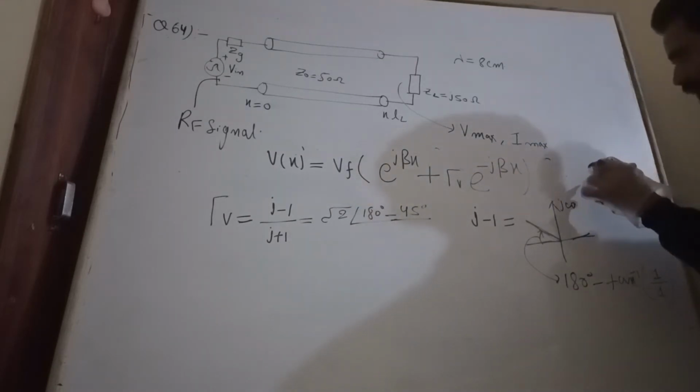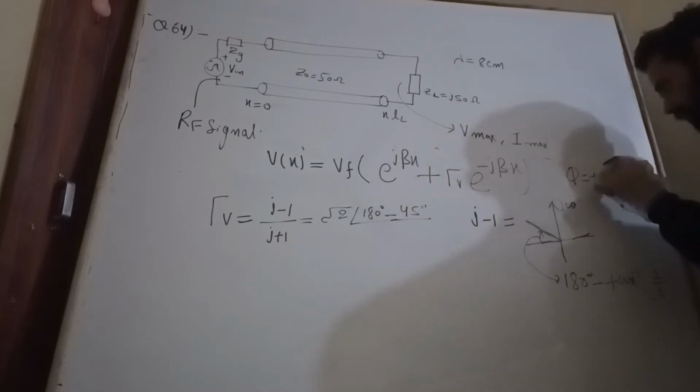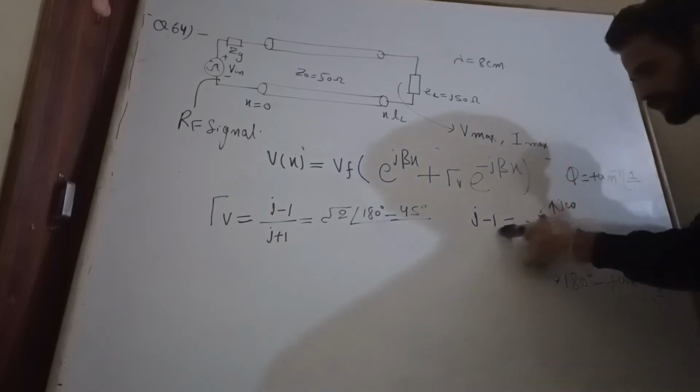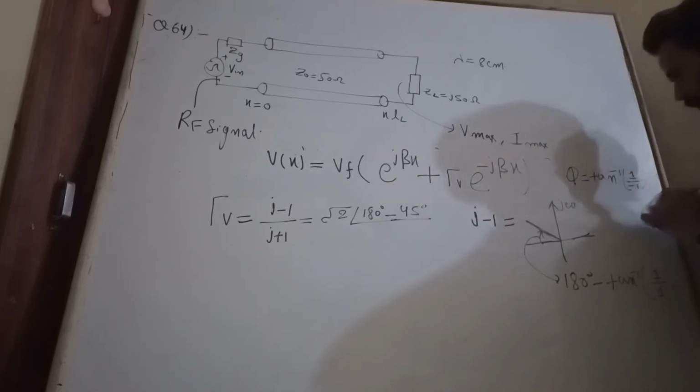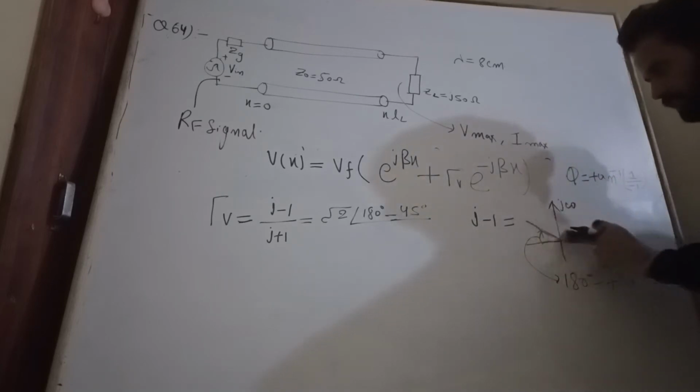Originally, the angle is tan inverse of imaginary 1 over real minus 1. See, the real part is negative, so this is the negative axis, and the imaginary part is positive. This means the second quadrant.